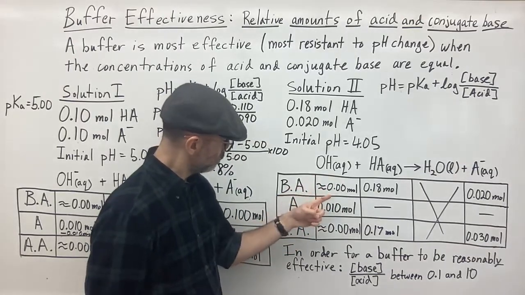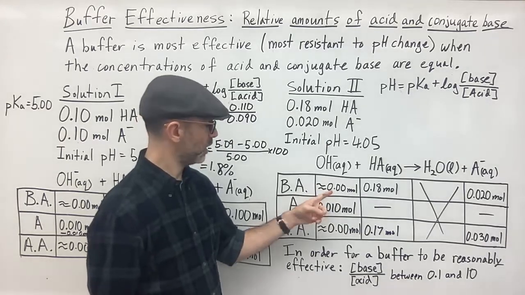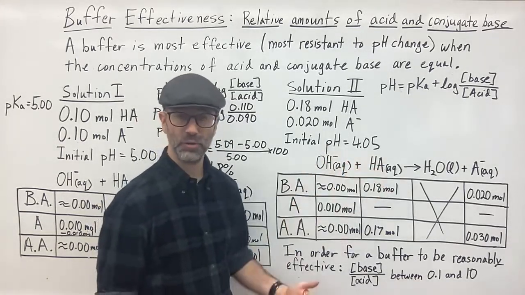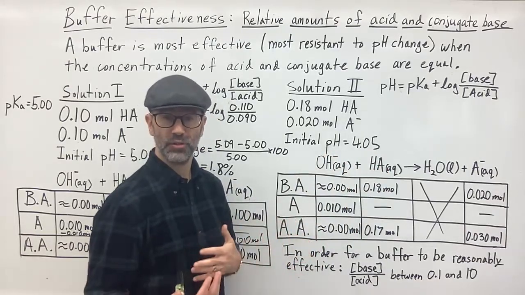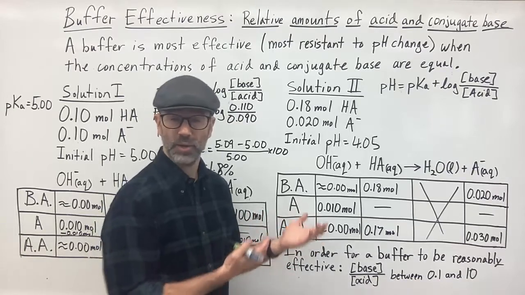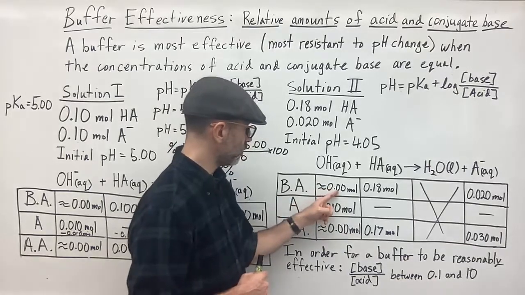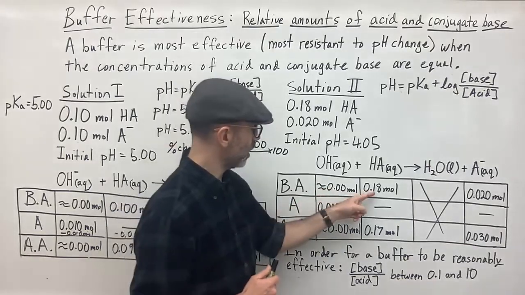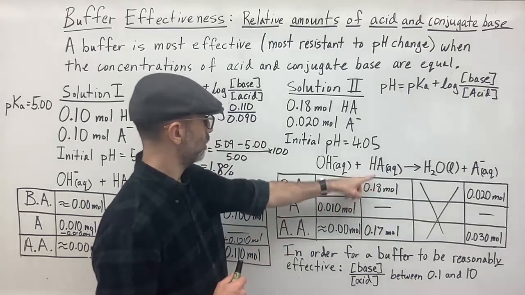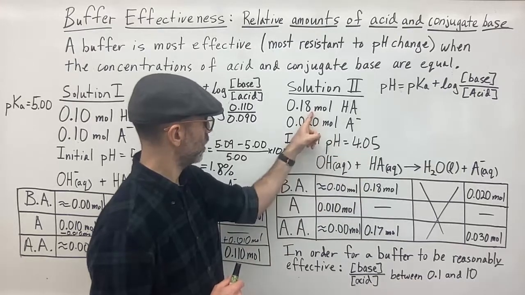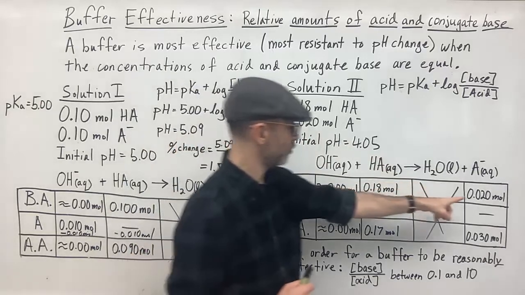Here, again, we're starting off with 0.00 moles of OH minus. That's an assumption we can make because it's a buffer solution. It's kind of like having a weak acid and weak base in solution, so we assume that the amount of OH minus in our solution is 0, or very close to 0. And we're starting off with 0.18 moles of our acid here, and 0.020 moles of our conjugate base here.